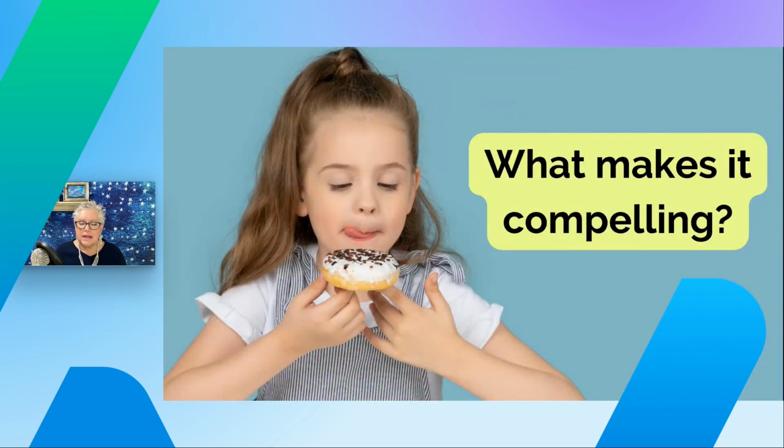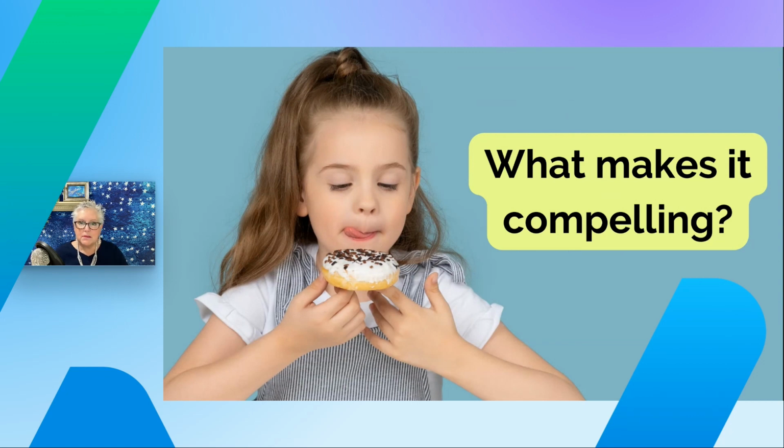So, what makes your lead magnet compelling? Now, we're looking at this little donut here, and the girl is licking her lips. She can't wait to bite into it. What makes it compelling, of course, is the visual part of it and that anticipation that this is really going to taste good. Can't wait to bite into it.